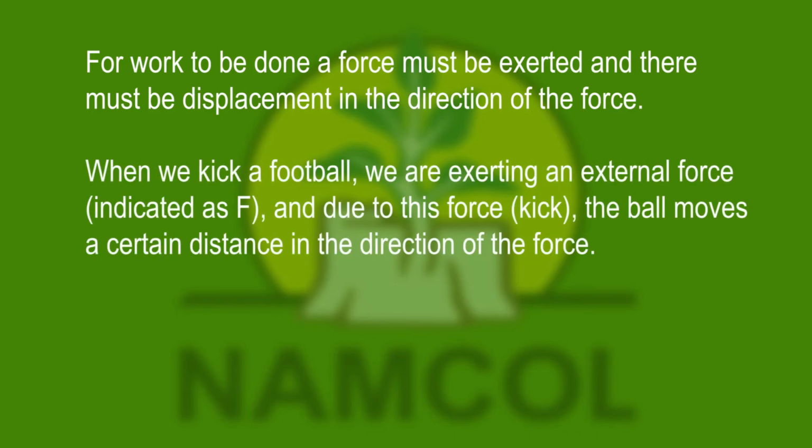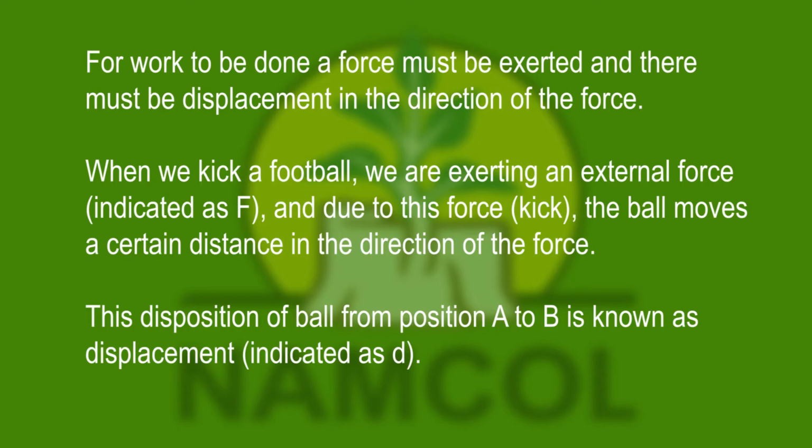When we kick a football, we are exerting an external force, and it is indicated as capital letter F. And due to this force of kicking, the ball moves a certain distance in the direction of the force. This displacement of the ball from position A to position B is known as displacement, indicated as a small letter d.